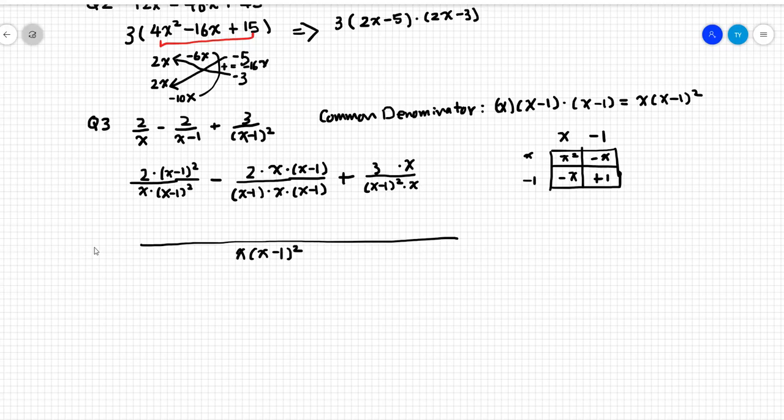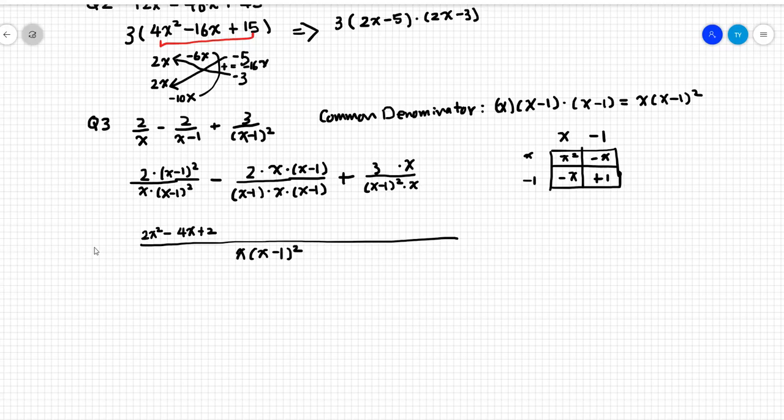So then we're going to have to multiply that by 2. You got 2 times x squared, which is 2x squared. You got minus 2x over here, and if you multiply that minus 2x times 2, you got minus 4x. And the 1 times 2, you get 2. Okay.